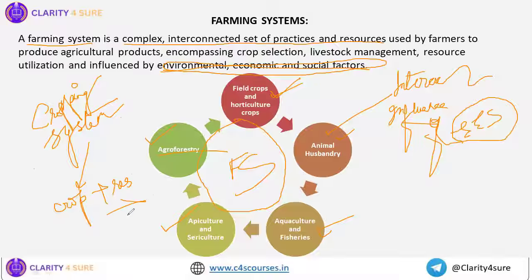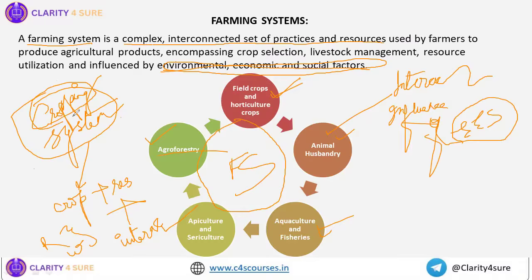Okay, and the interaction among them. So that is your cropping system, right? Like we have already seen rice based cropping system, wheat based cropping system. These are the two major types of cropping system which are followed in India. So that is your cropping system. Okay, as the name suggests, cropping, that means it will mainly focus on what? It will mainly focus on crop.